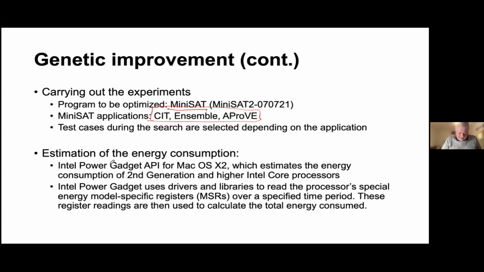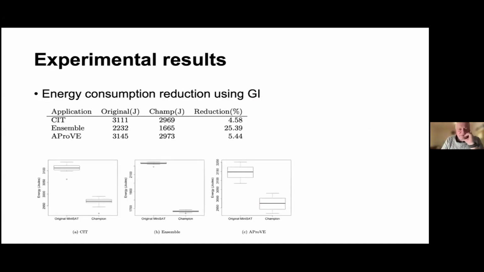Then they used some tools for energy consumption. There is an Intel Power Gadget API for macOS, at least in the old times for Intel Core processors. I have to look whether similar things are available for M1 or M2, so the new processors. And those things can be used then to estimate at least the total energy consumption.